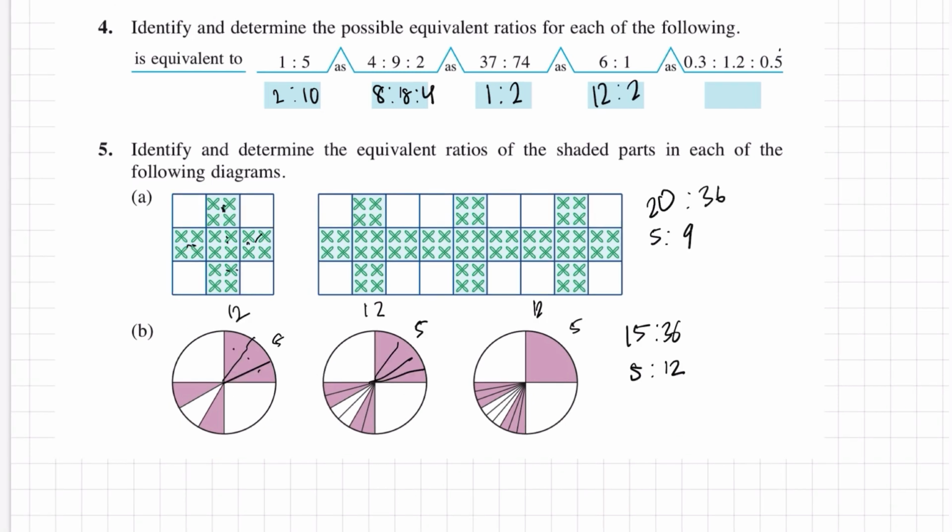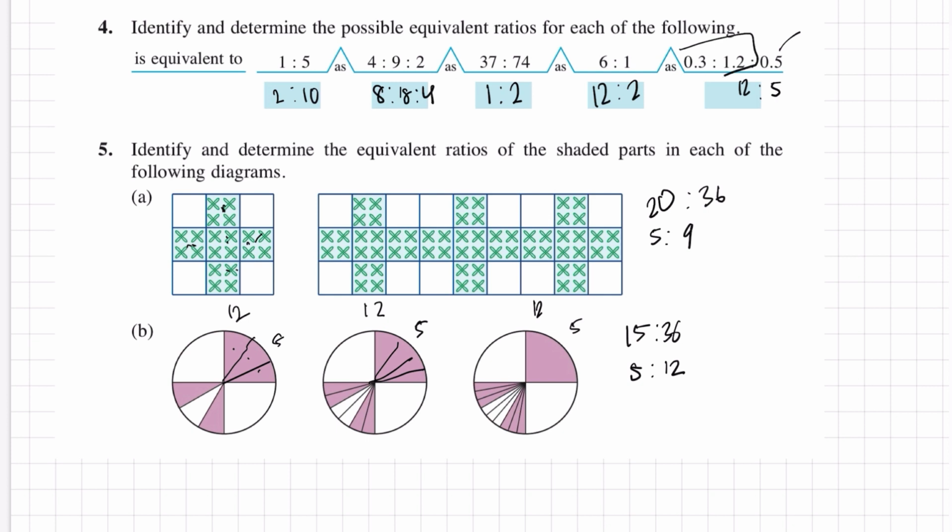For this one, I have a correction where you can turn it into a decimal number. You just write 0.5 divided by 1.2 in the calculator and you will get 5 to 12.